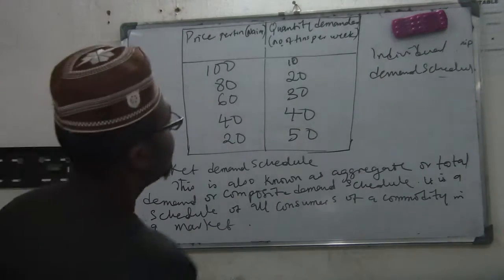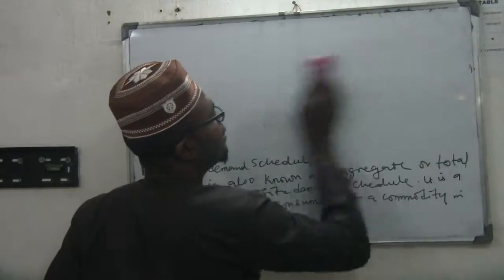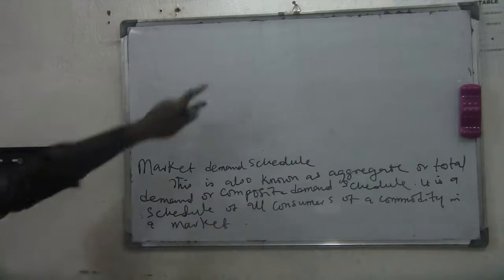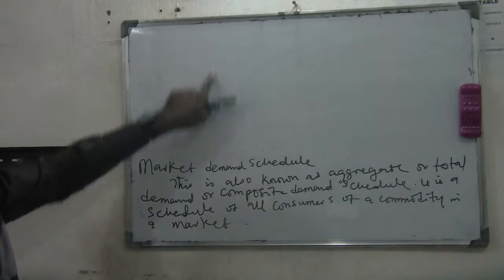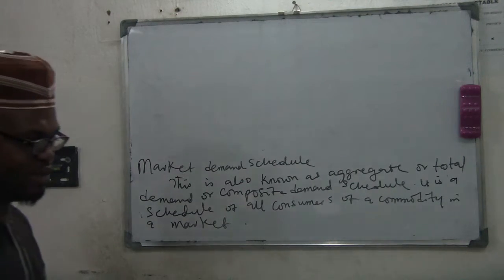Good. So I can clean up this and draw the diagram. The first one we drew was price and quantity demanded, just one quantity from one person.